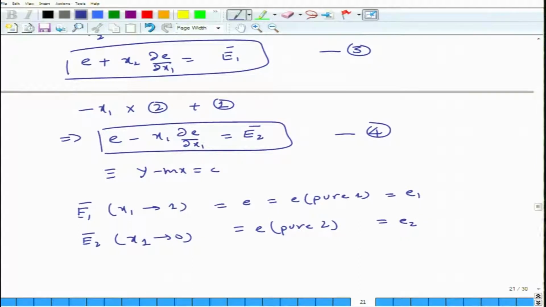Now many times data may not be available for the exact absolute molar property. Many times it will be available as the delta E mix, the change in the molar property of the mixture.